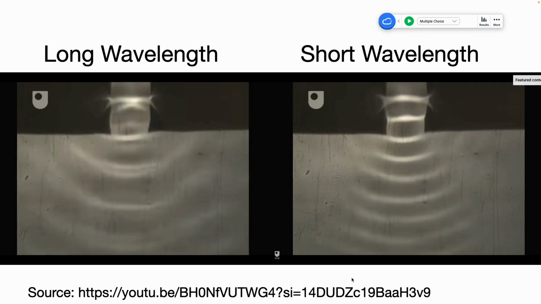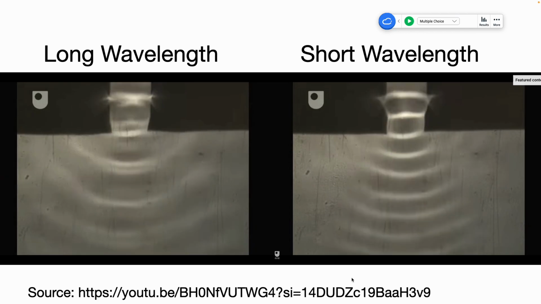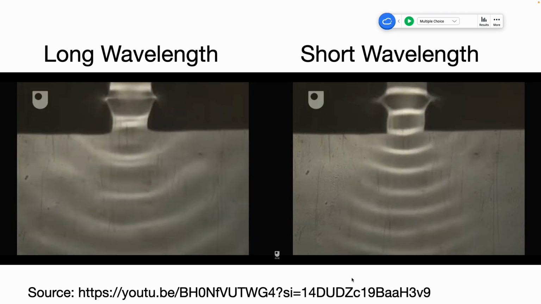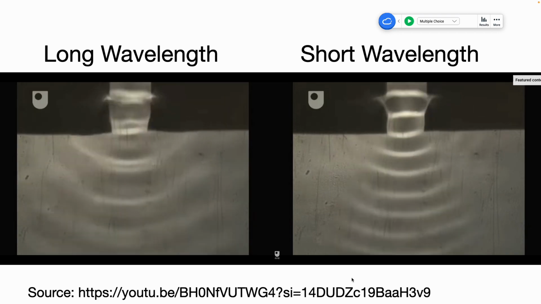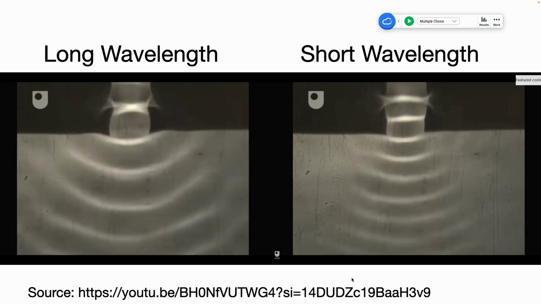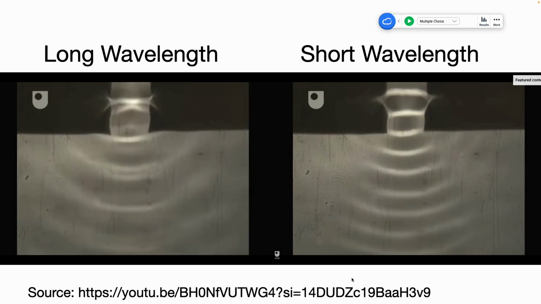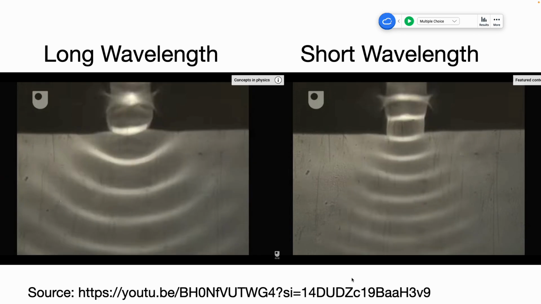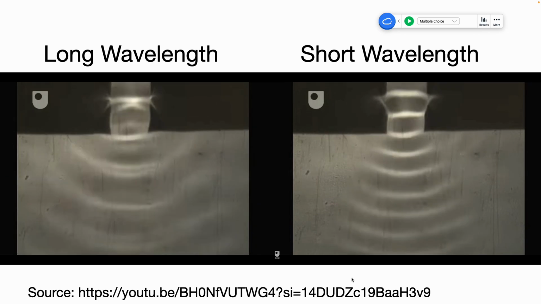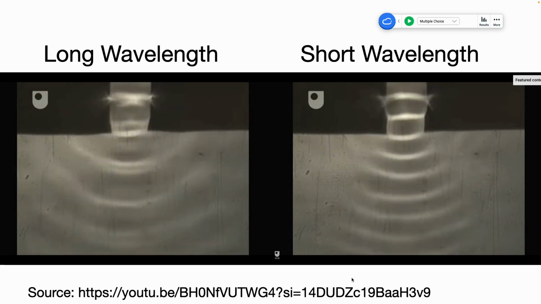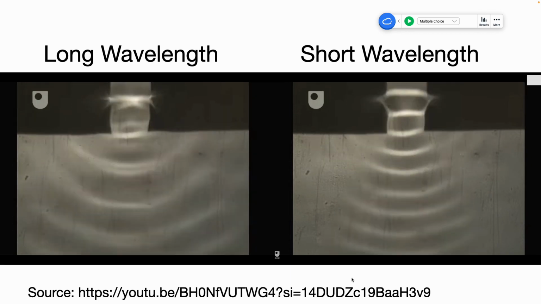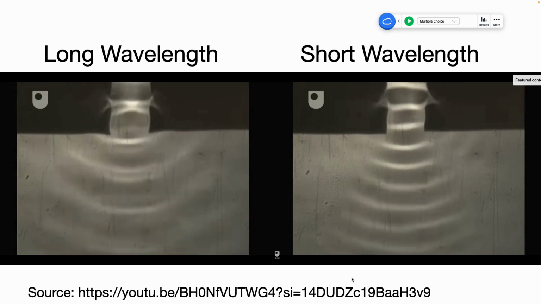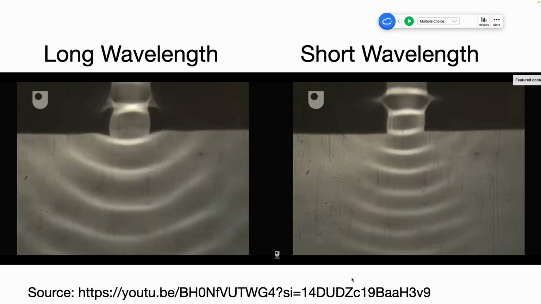You see that when you have a short wavelength, the diffraction is not that obvious. And if you have a long wavelength, the wave can easily go around the obstacle and have a significant amount of diffraction. So longer wavelength, smaller opening, wider spread of diffraction pattern. Okay?